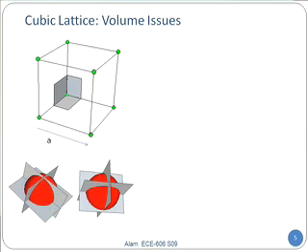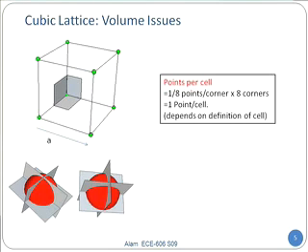So what you really get inside your box is 1/8 of the atom. Since you have 1/8 and 8 corners, you have 1 atom per unit box. So, 1/8 point per corner, 8 corners, is 1 point per cell.